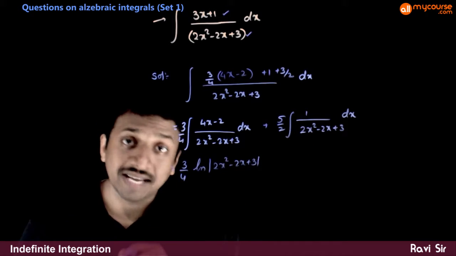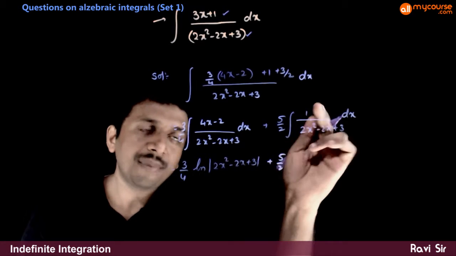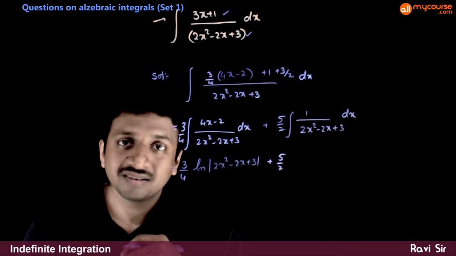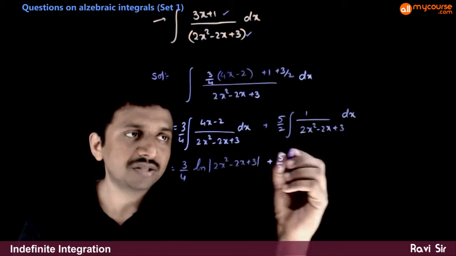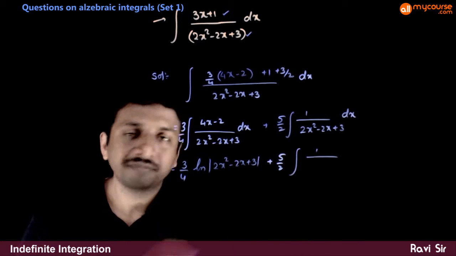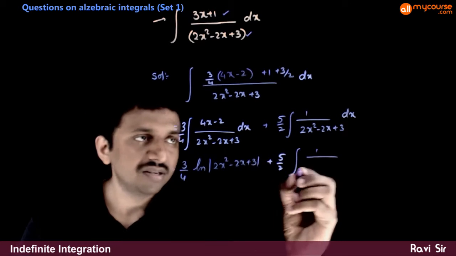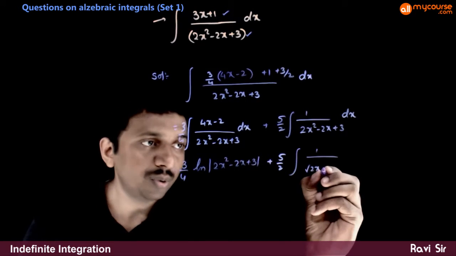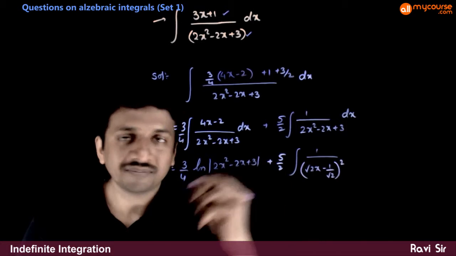Now let us go to the second part. In the second part, we have 1 by quadratic. So what is the integration of 1 by quadratic? You have to use the method of completion of squares, right? So I'll use that. So 1 by, so 2x² − 2x can be written as (root 2 x − 1 by root 2) whole square.